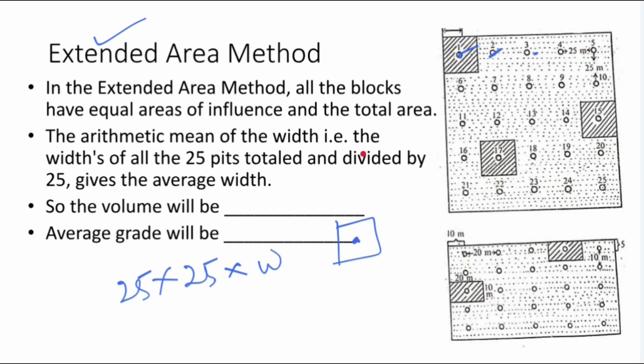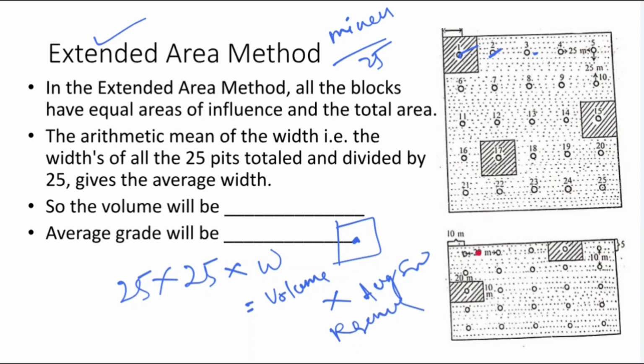Average width you have to calculate by taking all the mineralized widths and dividing by 25. This is the average width. It will give you the volume, and multiplying with the average grade will give you the reserve.